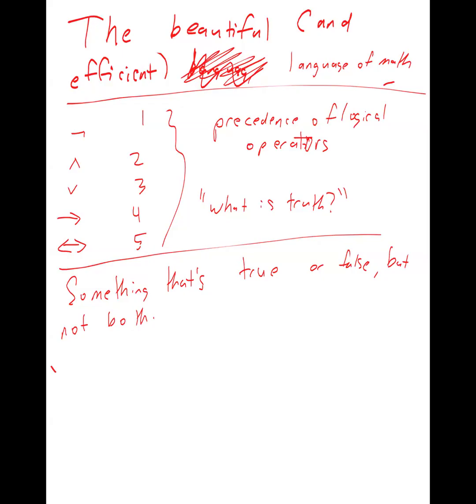Something that's true or false is called a, now this book uses the word declarative sentence. Or you could say a statement. And you could also be even more specific and say it's a proposition.